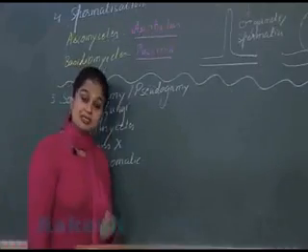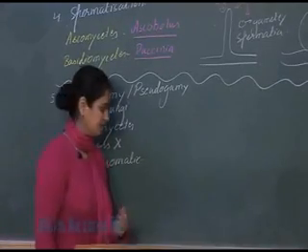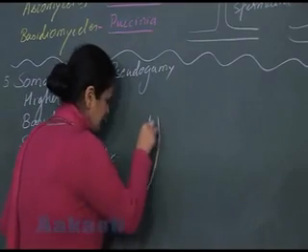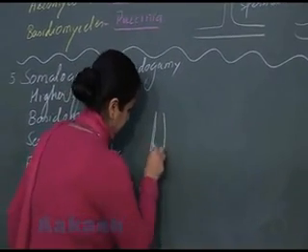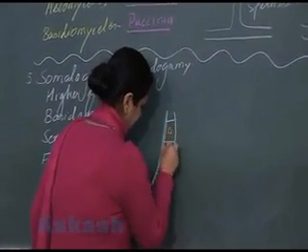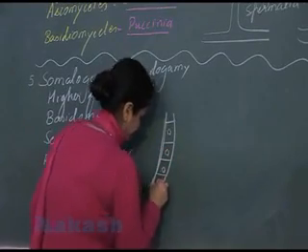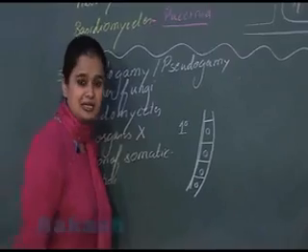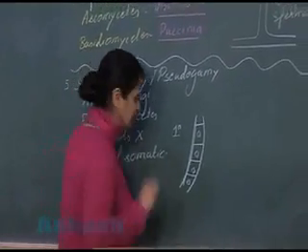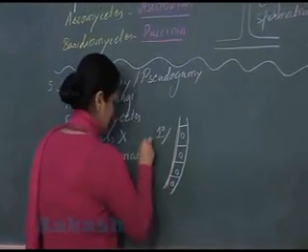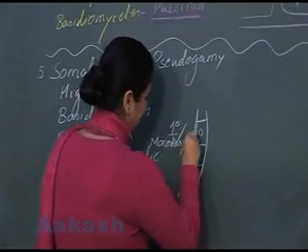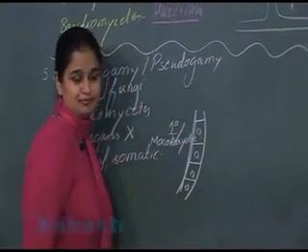Now let's see how this pseudogamy will occur. This is primary mycelium. In the primary mycelium, in each cell there is presence of only one nucleus. So this type of mycelium is also known as monokaryotic mycelium.